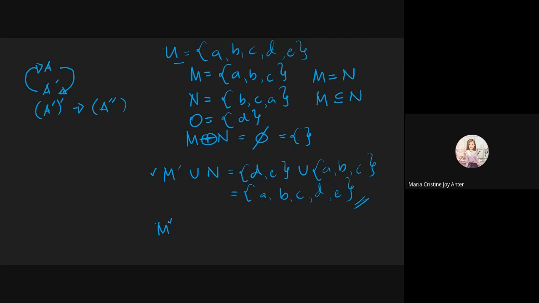So, example, M complement union of O. M complement is D and E. Pero, union siya sa D, kay D raman ang element ni set O. So, the M complement union O is D and E. I-combine lang na to ang nasa ilang duha.